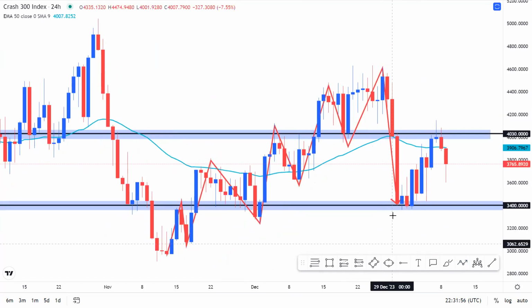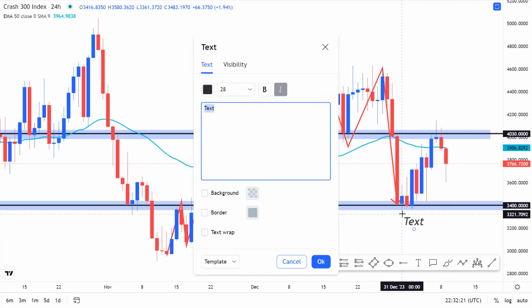where we are currently seeing price form a lower low right about here. So we have this being our current swing low.